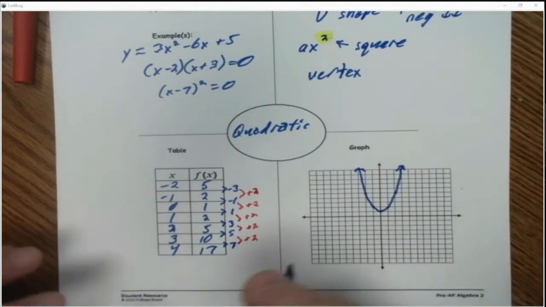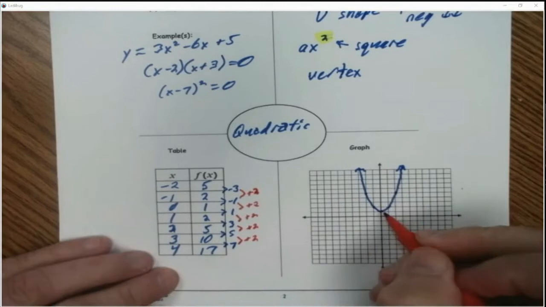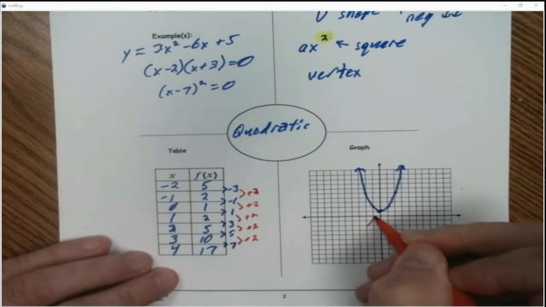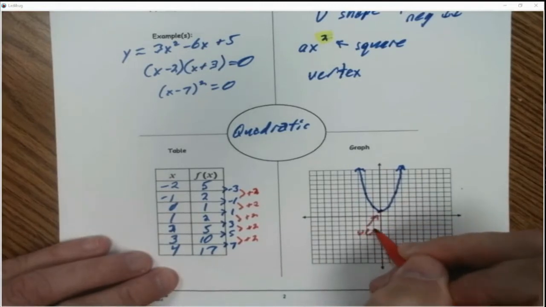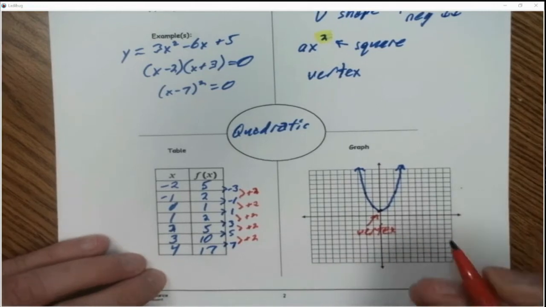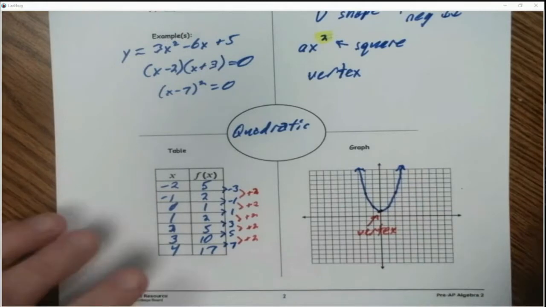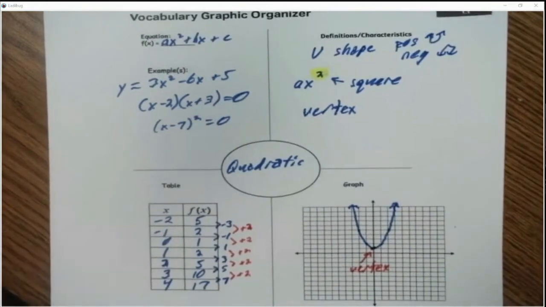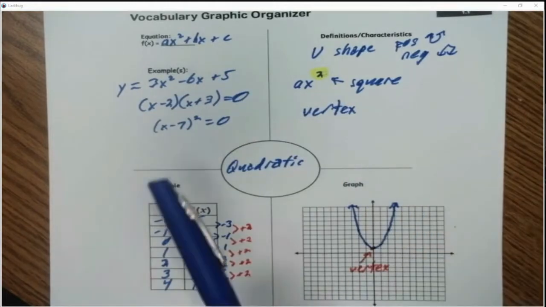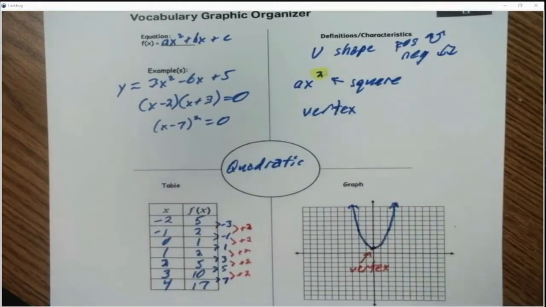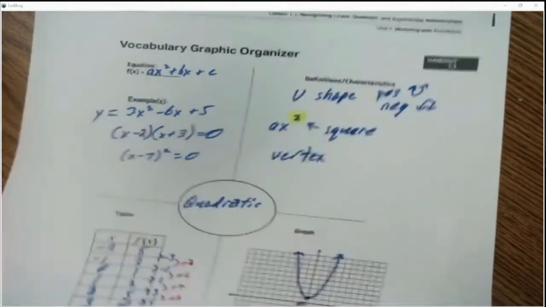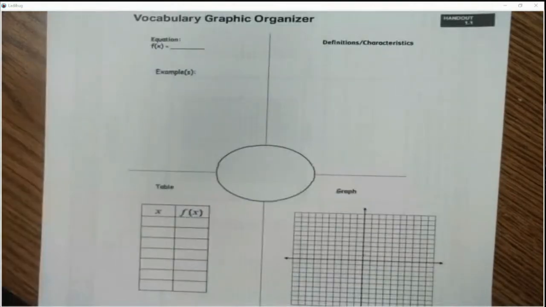The vertex, of course, is the lowest point. And so there's some notes for a quadratic, giving us examples of that, a graph, a table, and some characteristics. Fabulous.